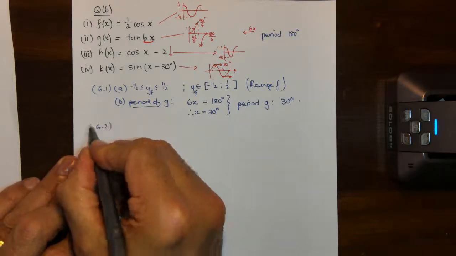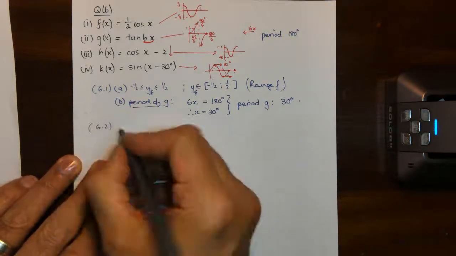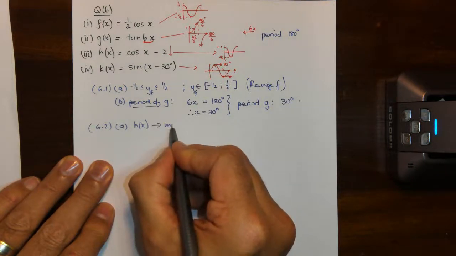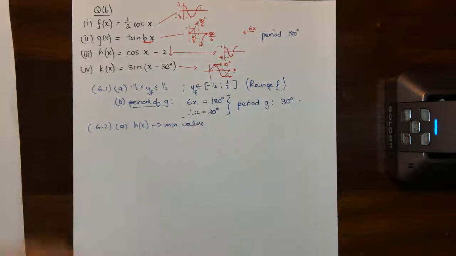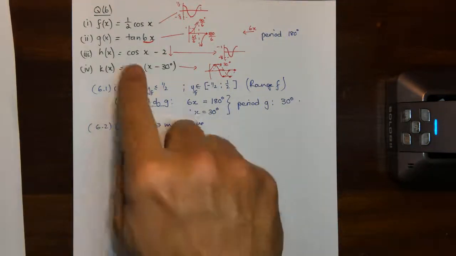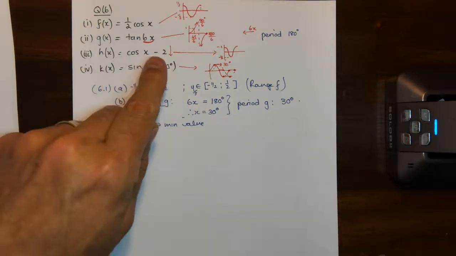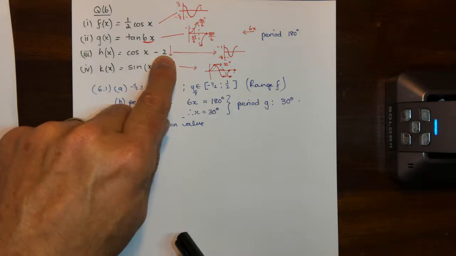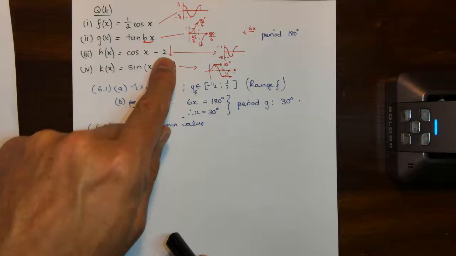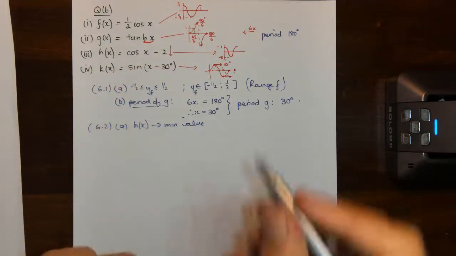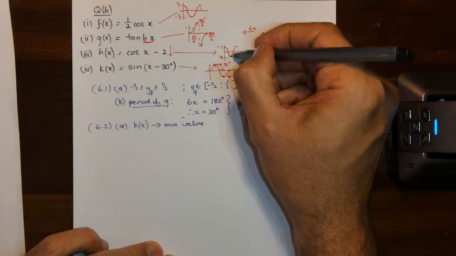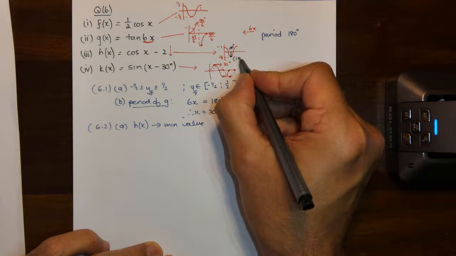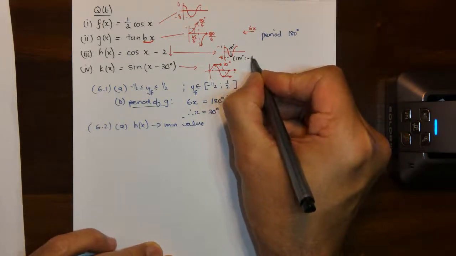Okay, 6.2. Now this is lovely, I love this. Where will h of x have a minimum value? Remember h of x is your third curve over here, and the transformation changes every point. What does it do to every point? It changes its y coordinate because it's a vertical translation. So the minimum here, you know your minimum happens at 180. Let me put the coordinate pair down here: 180 and minus 1.